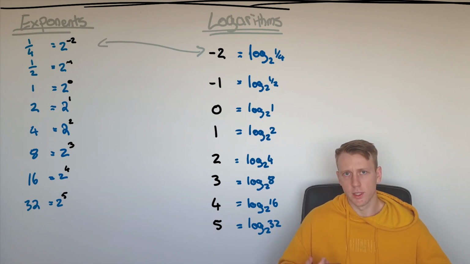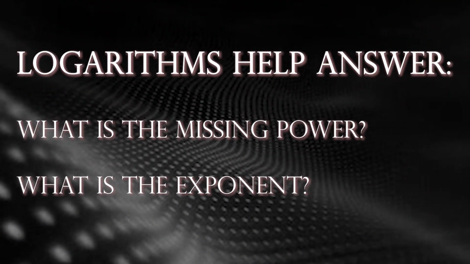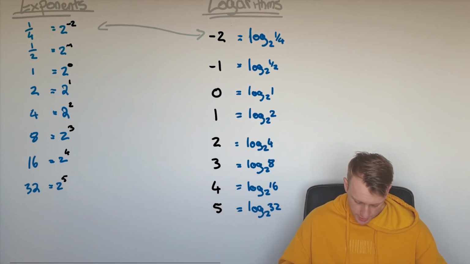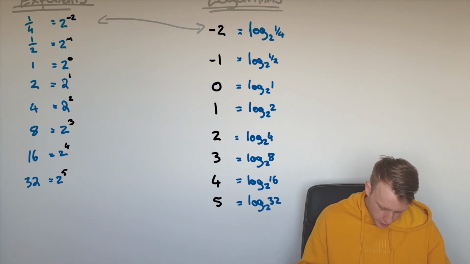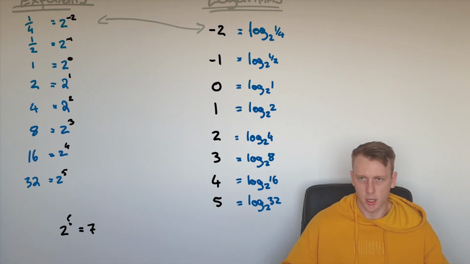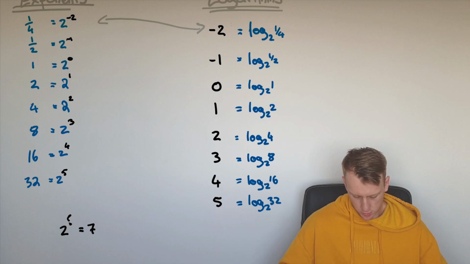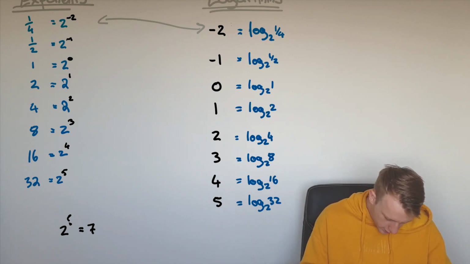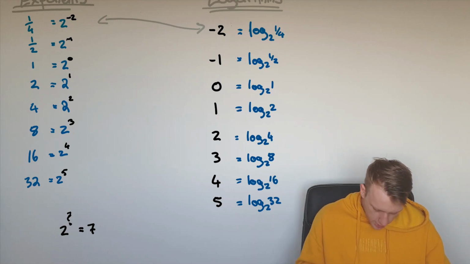Logs really help us answer the question of how much of a power is needed. These are all nice because they are exact indices. But if we were posed with the question, 2 to the power of what is equal to 7? There's not an exact integer value that you can take the power of. It's a question mark there.